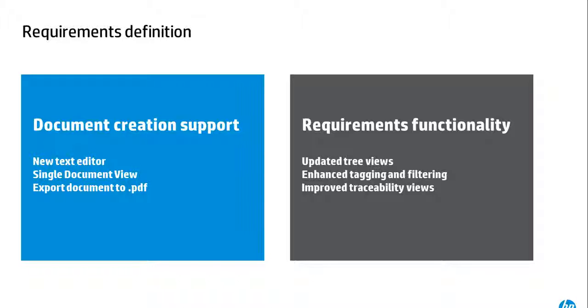You can enter requirements, you can categorize them, you can group them together into different hierarchies. The team members can view them and add comments and things like that. What we don't have a lot of is the ability to define some of the different pieces. Like if I'm starting from the beginning and I'm going to author something, we have a text editor in there today, but it has some limitations.